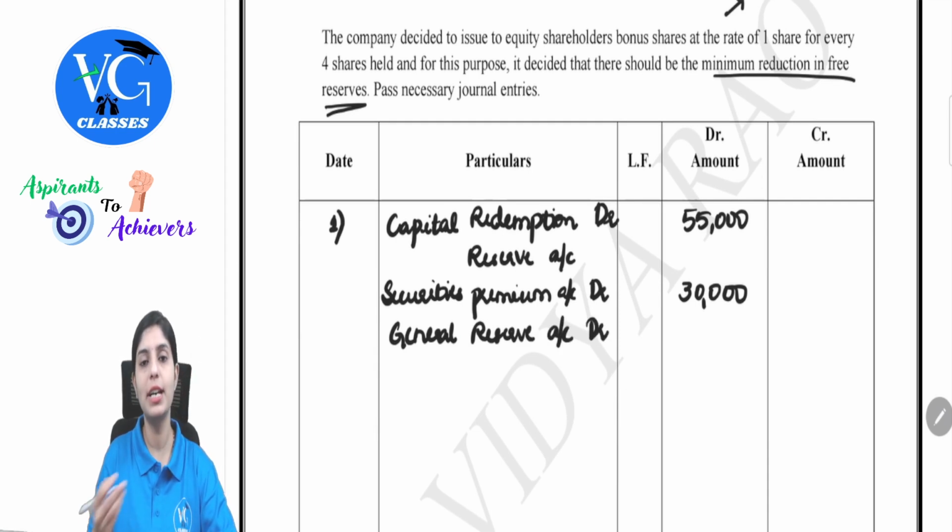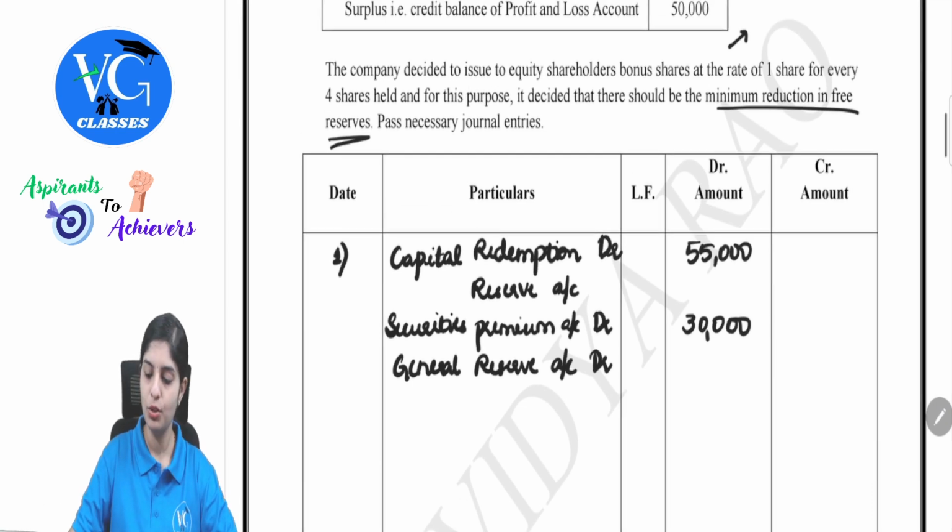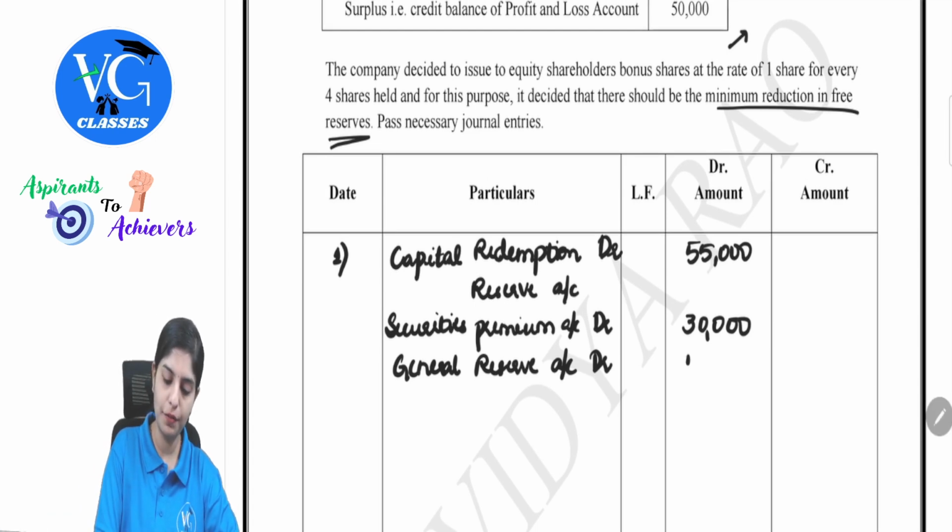Then we have general reserve. The requirement was 1 lakh. How did I get 1 lakh? 10,000 into 10. So in 1 lakh, I have already set aside 55,000 and 30,000. The balance is 15,000, which is what is required.